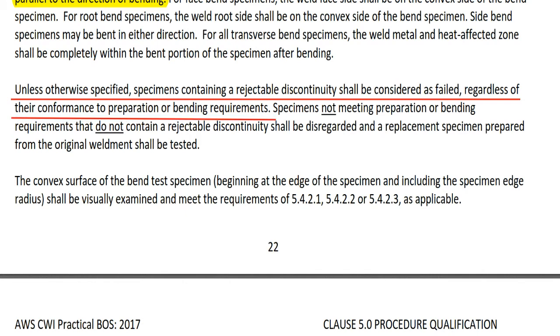Unless otherwise specified, a specimen containing a rejectable discontinuity should be considered as failed regardless of the conformance of the preparation or bending requirements. If the specimen has a rejectable discontinuity, regardless of the preparation from Annex 4, that specimen is rejected.